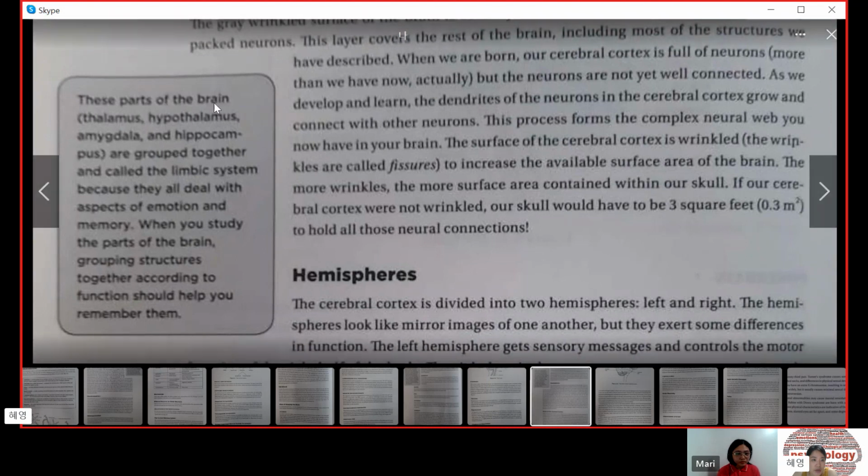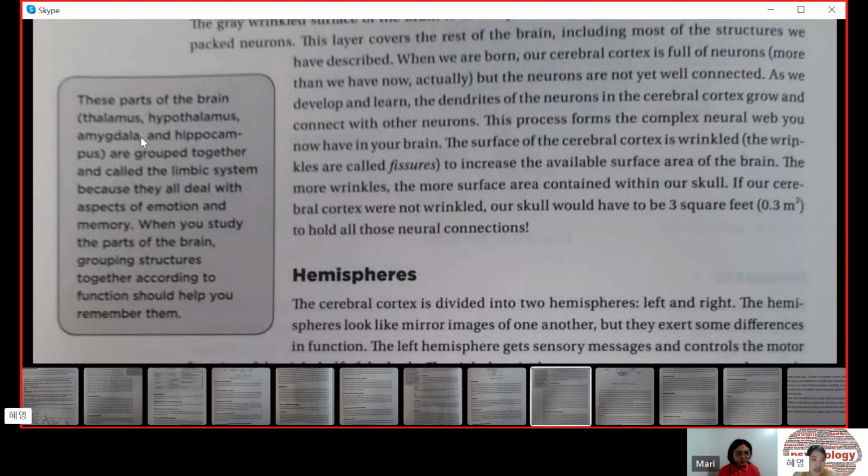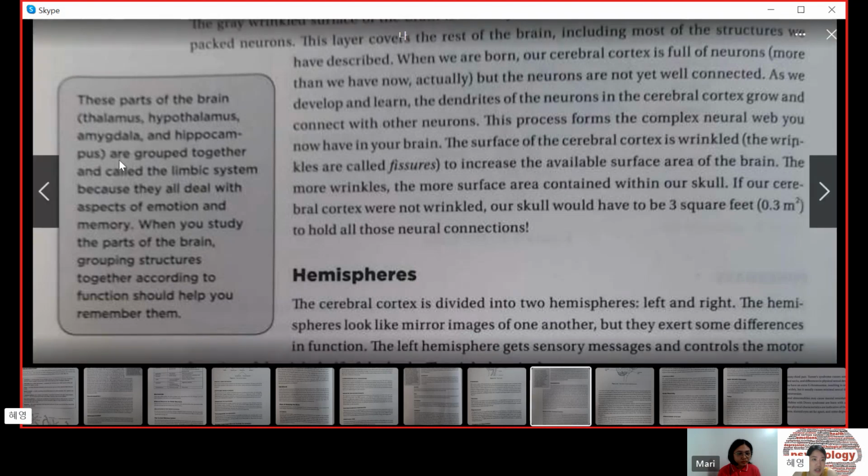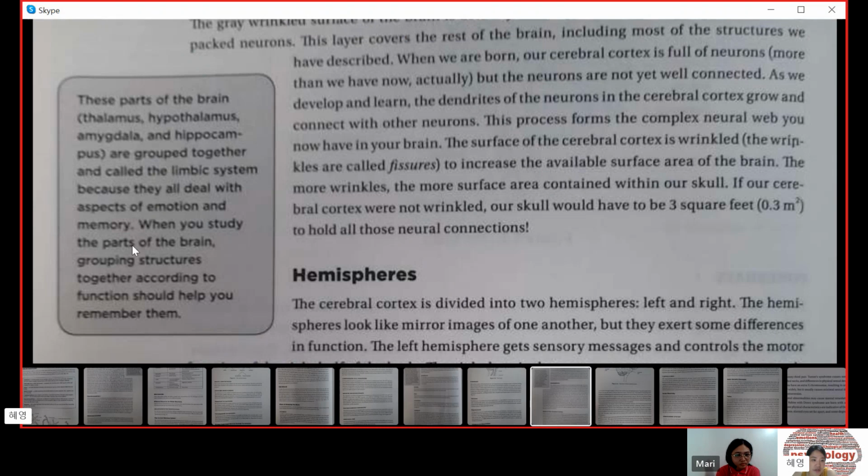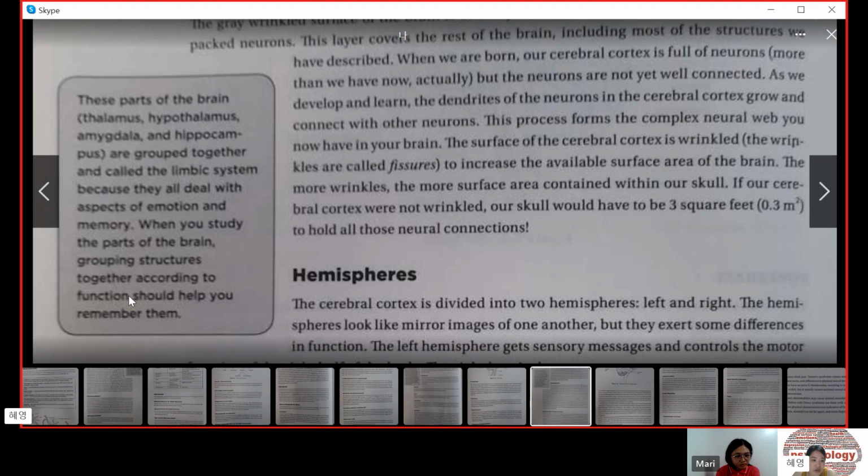These parts of the brain, thalamus, hypothalamus, amygdala, and hippocampus, are grouped together and called the limbic system because they all deal with aspects of emotion and memory. They're really important for psychologists. When you study the parts of the brain, grouping structures together according to function should help you remember them. So it is really helpful.